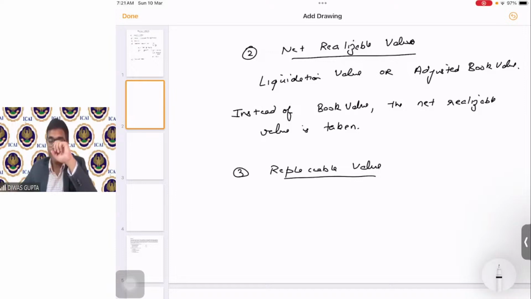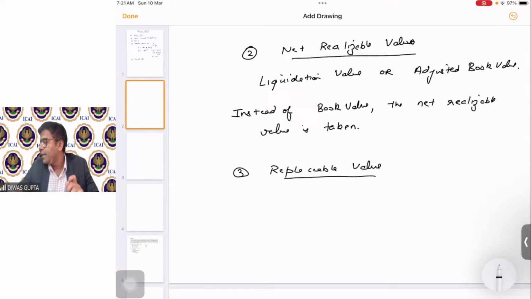I hope this is clear. It is not about how much I get as realization if I sell in the market. I'm not talking about that. I'm talking about the cost of replacement I need to incur if I want to replace it today. Suraj, present value of cash outflow minus initial outlay.